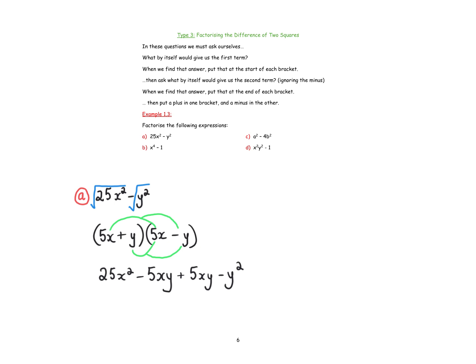Here, you hopefully can spot that we've minus 5xy and plus 5xy, and they'll cancel to give us 0, meaning we'll be left with 25x squared minus y squared, meaning that what we did with the two brackets at the start was correct.